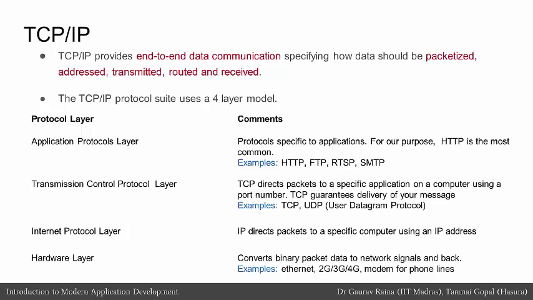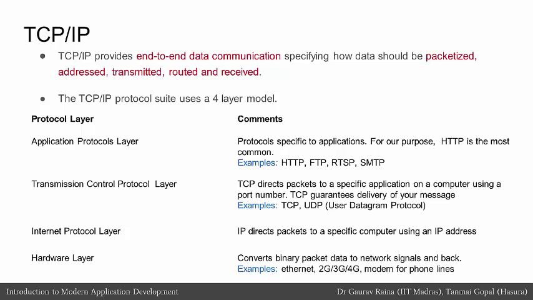At the TCP layer, TCP essentially directs packets to a specific application on a computer using a port number. It's important to note that TCP actually guarantees delivery of your message. Other examples of transport protocols apart from TCP is UDP, which is User Datagram Protocol.